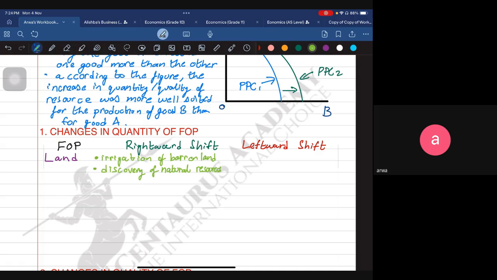Even quality will decrease actually. If there's bad weather, both can occur because of that. So we can simply write it as a natural disaster.